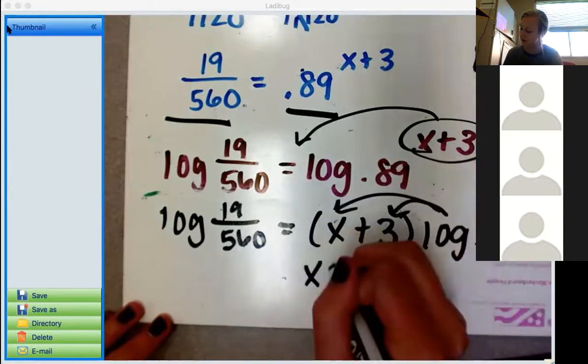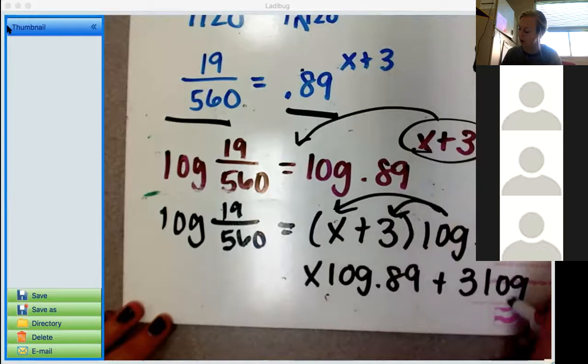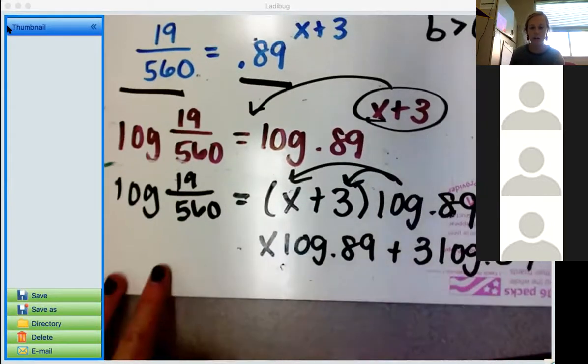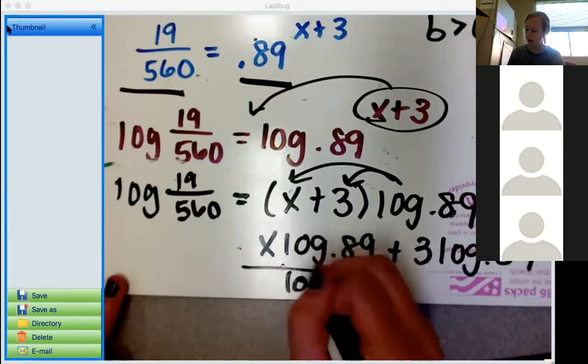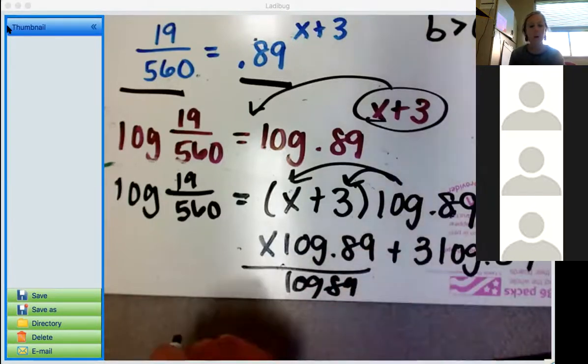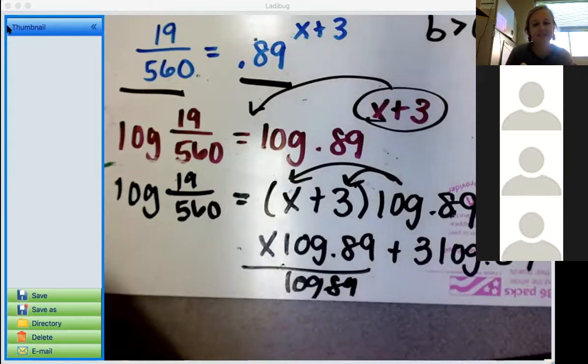And so I got x log of 0.89 plus 3 log of 0.89. So then I had to subtract 3 log of 0.89 and then divide by log of 0.89. A bunch of extra work. But it still worked. I got 26.03. There's always more than one way to solve these.